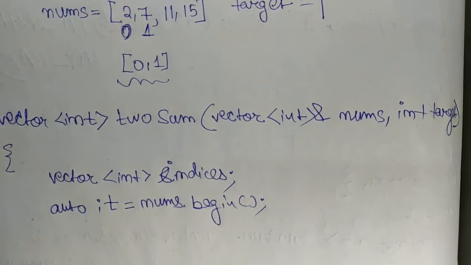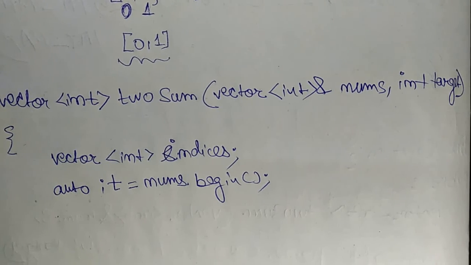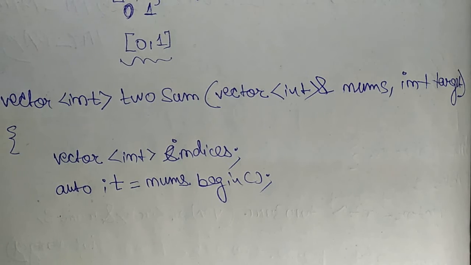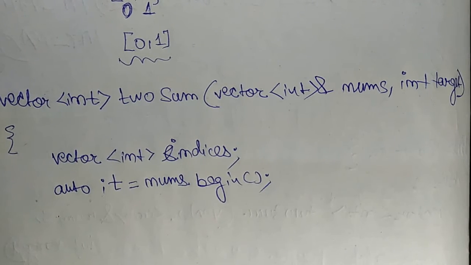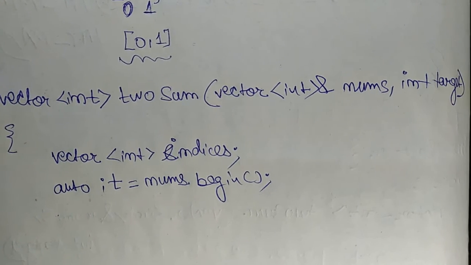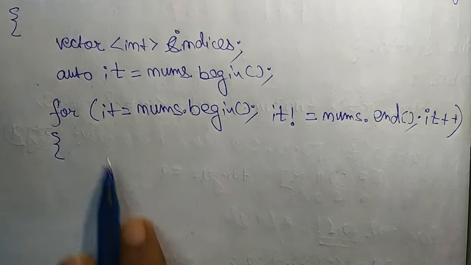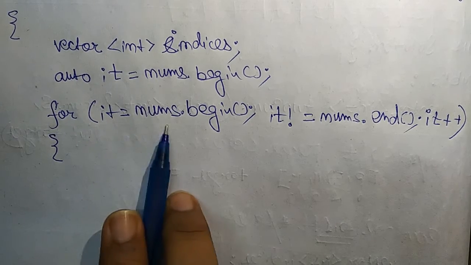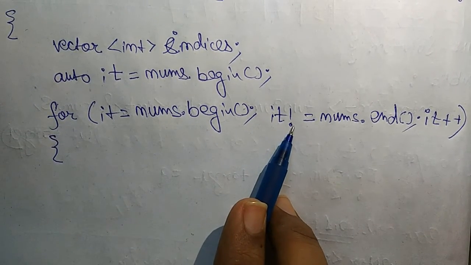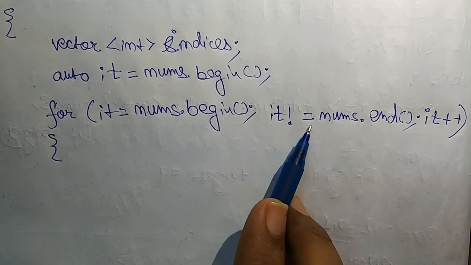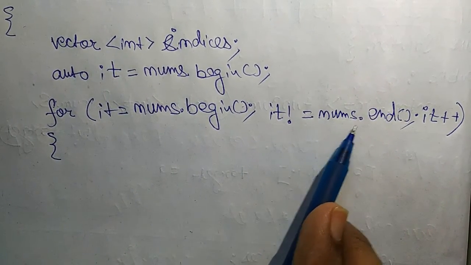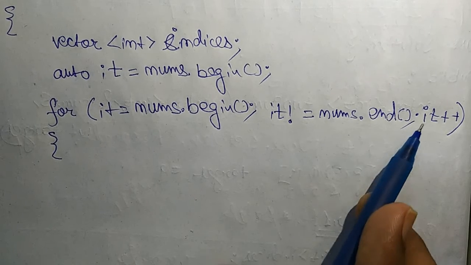Now I will use a for loop to iterate over the vector and get two elements whose sum is equal to the target value. The for loop iterator starts from nums.begin and it will end when it is equal to nums.end, and we will iterate over the vector.